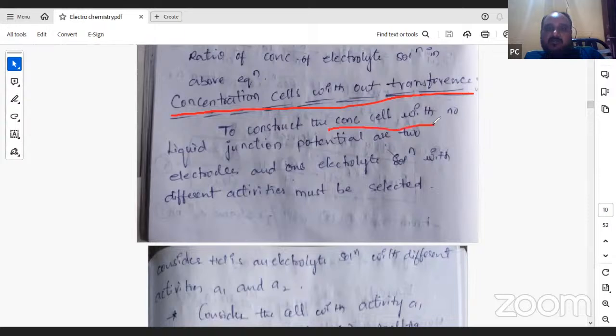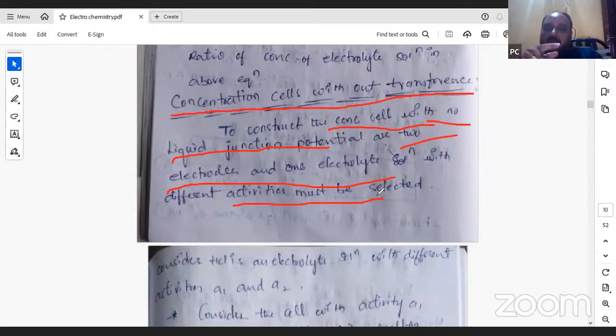To construct the concentration cells without transference, meaning with no liquid junction potential, the two electrodes and one electrolyte solution with different activities must be selected. Just see, this is similar to the chemical cells without transference. How many electrodes are there? Two electrodes. How many electrolytes? One electrolyte, right?